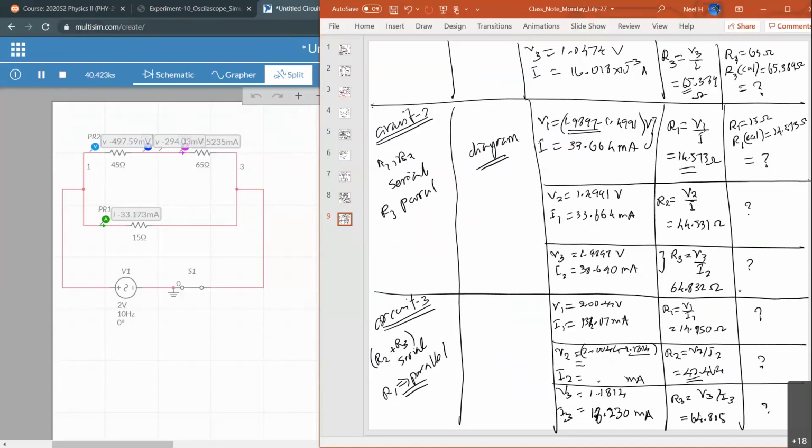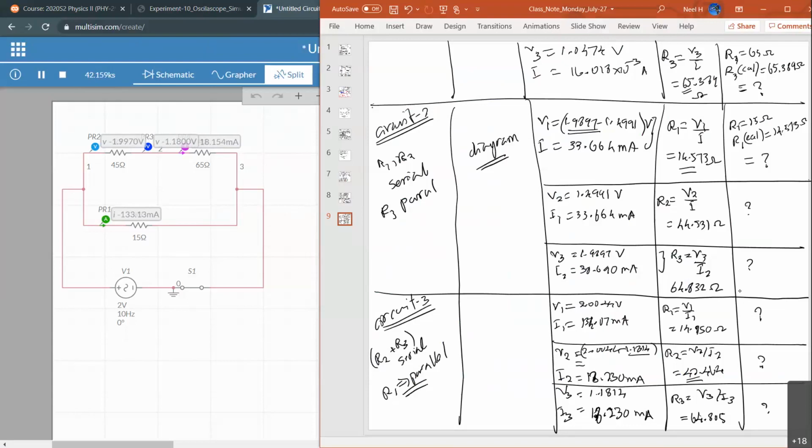Let's try the previous one too with the new current, 18.230. Let's check that one too. 2.004 minus 1.1814, close parentheses, division, 18.230 times 10 to the power minus 3.